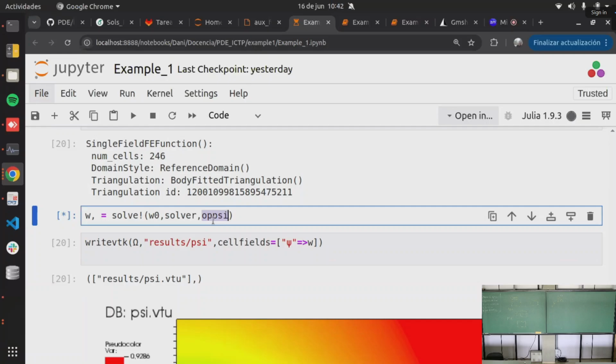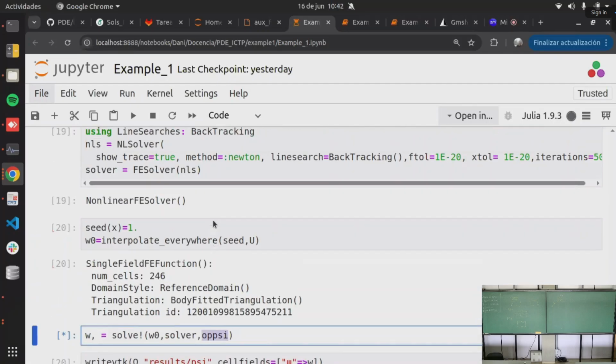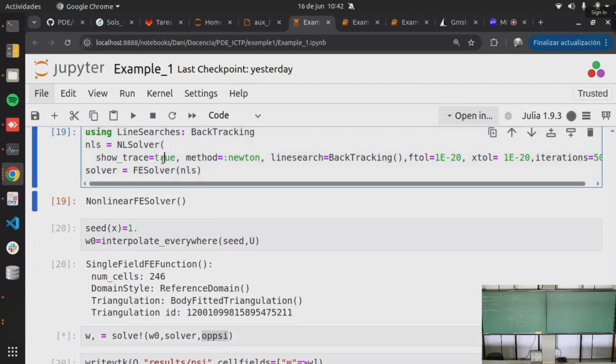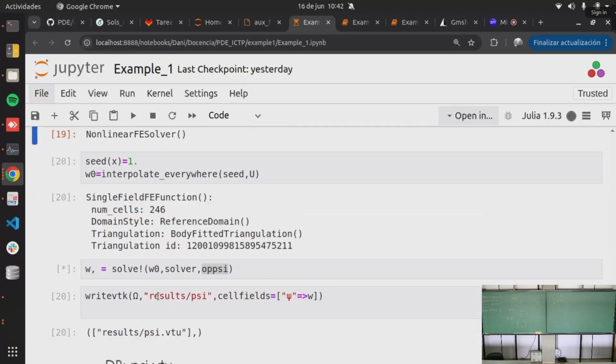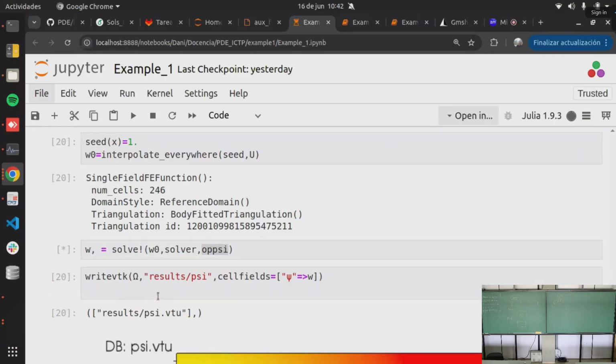And maybe this will take a few minutes because I set it up this way. We will see every step. Wait, it will take time, a few minutes. I hope.